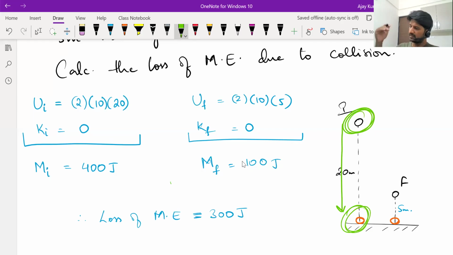Okay. During that rise also, no loss of mechanical energy would have happened. Why? During the rise also, we didn't consider air resistance. I told you there's no air resistance. Okay. So whatever is the mechanical energy just after collision, finally, when it stops also, it will have the same amount of mechanical energy. So I used these two positions to get the answer.